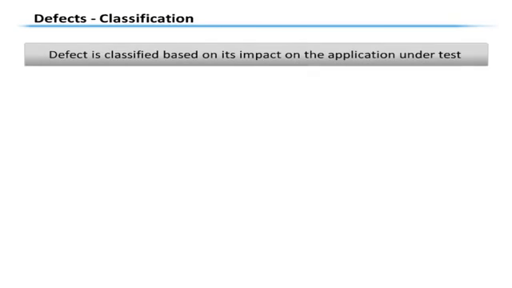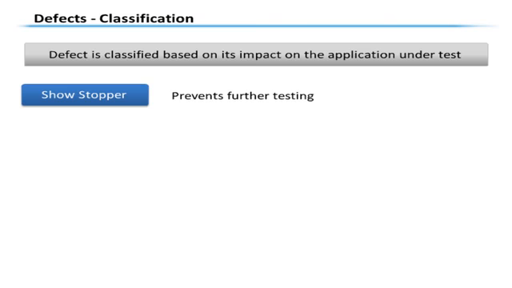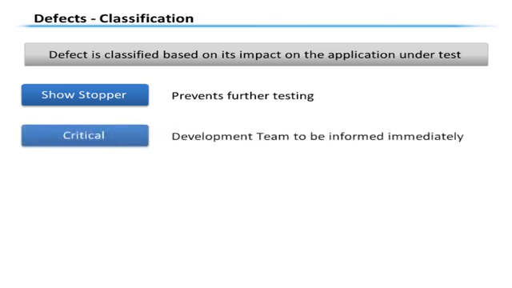Defects. Classification. Let's classify the defects into various categories, as shown in the slide. Number 1. The showstopper. It stops further test execution work. Number 2. Critical. Chances of application crash and data loss, so the development team needs to be informed.